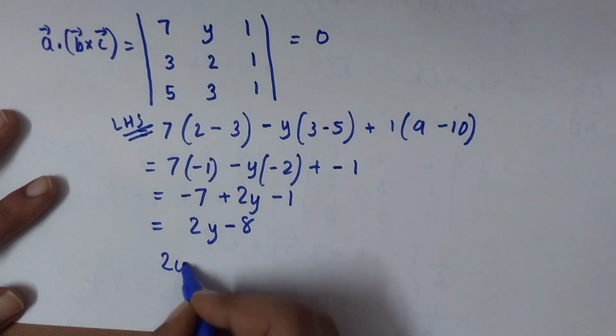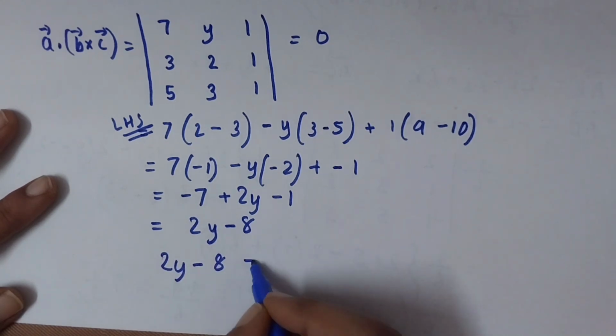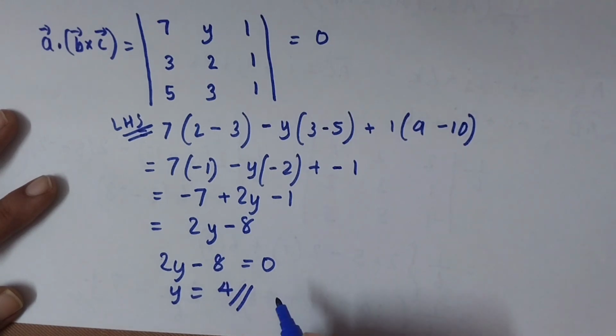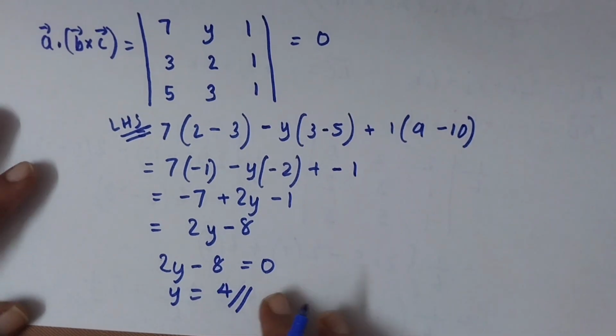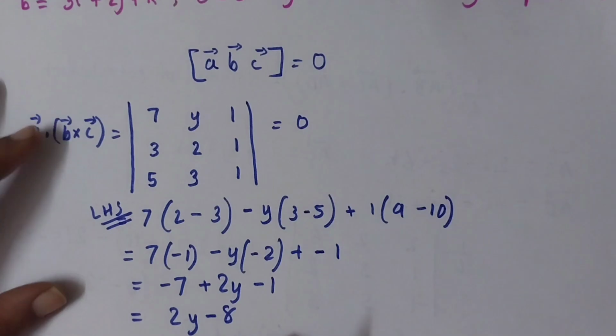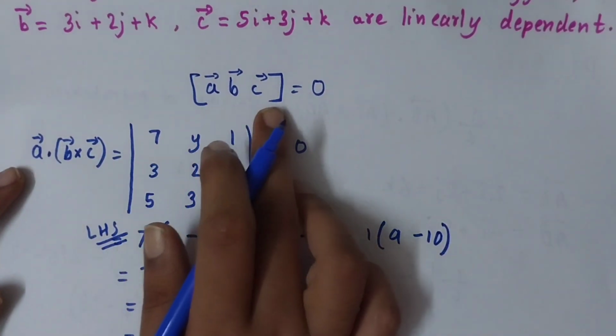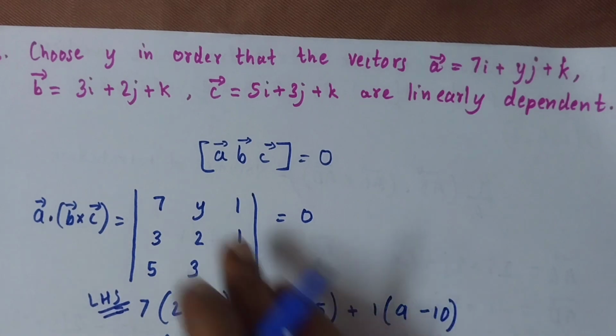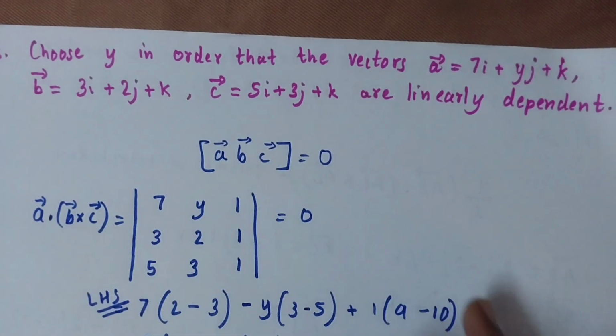Now 2y minus 8 is equal to 0. So y is equal to 8 by 2, which is 4. This is the answer. So if y is equal to 4, then these three vectors are linearly dependent. That is, their box product equals 0.